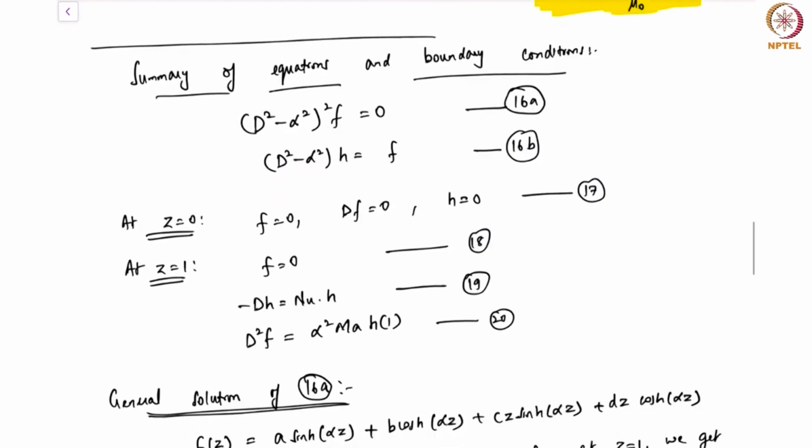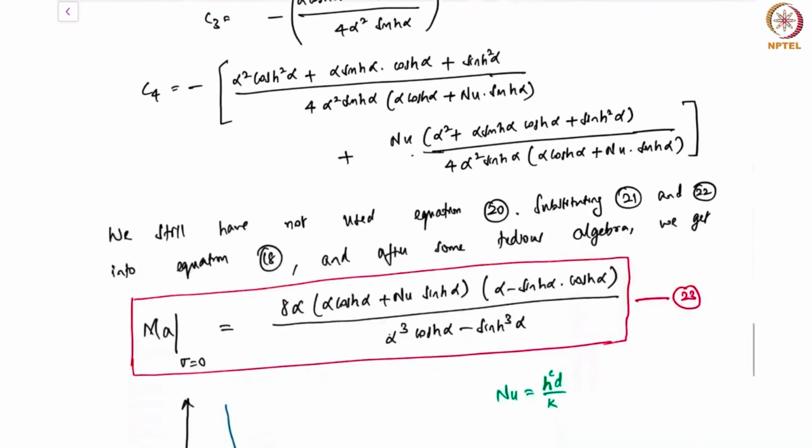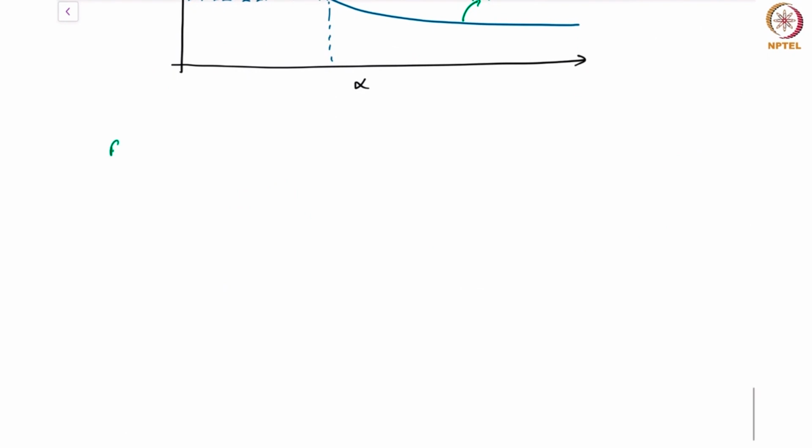Now if you look at this expression here, expression 19, that's very important to understand. You can look at various limits. Expression 19 essentially is minus dH by dz equals Nusselt number times H.